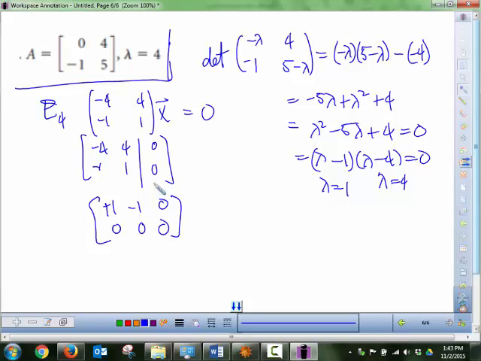In any case, after any elementary row operations, I get something like this. Whether you have exactly this or something slightly different doesn't matter. You would always be able to assign a free variable to one of these.